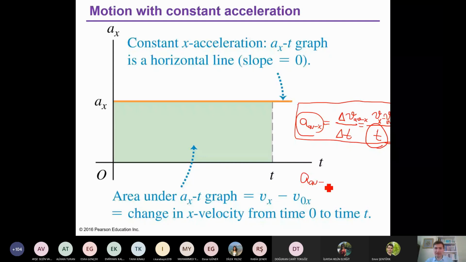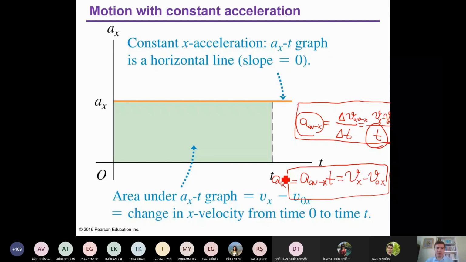So what is A average x? Average acceleration. So since acceleration is constant here, it does not change, instead of average x acceleration, I can use instantaneous acceleration. For each time, acceleration is constant. So then this is equal to ax times t.